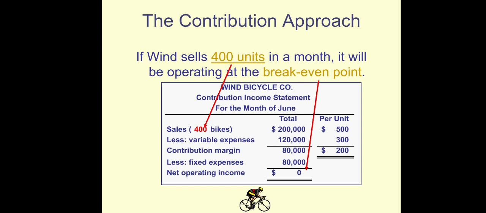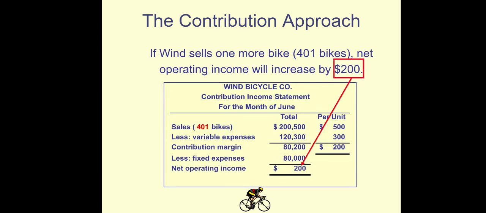So for most businesses, the most important thing to achieve is the break-even point, because they know after the break-even point, if they can sell more, they will make profit. Before the break-even point, the business is making loss. See here, when the business can sell 401 bikes, the business starts to make profit.